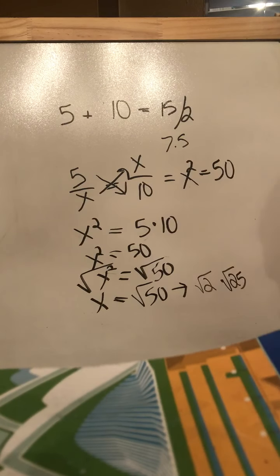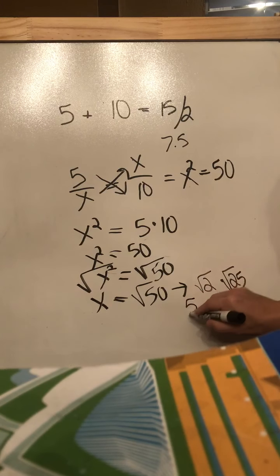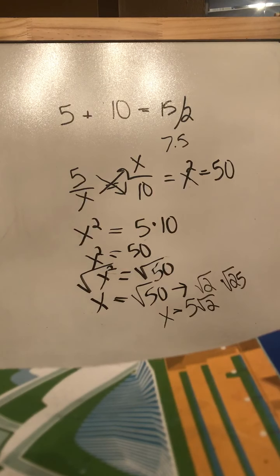Well, we know what the square root of 25 is. It's 5, right? So you're going to end up with 5 times the square root of 2 for your answer. X equals 5 times the square root of 2. Okay. So that's geometric mean. So all you do, you're given two numbers, you multiply them together, and they're going to be equal to x squared. You take the square root, and there's your geometric mean.